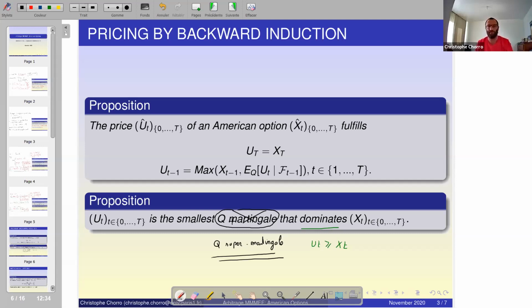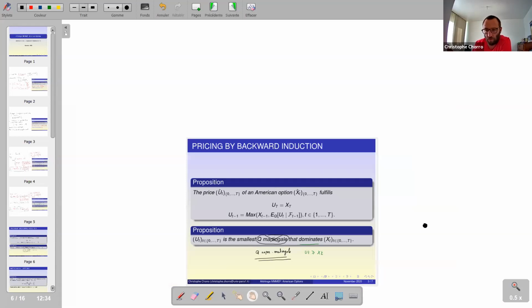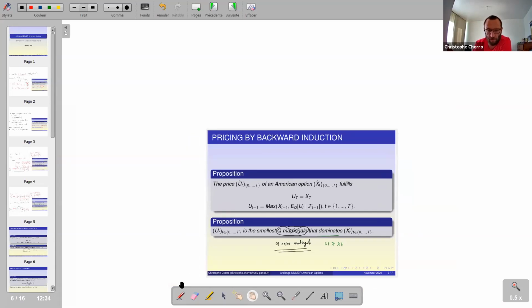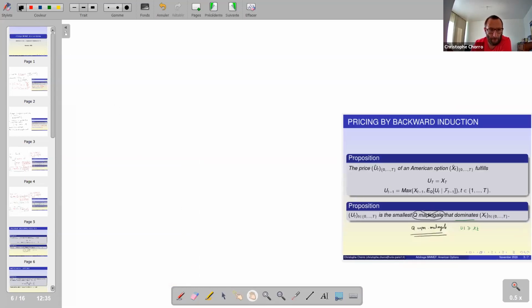But just before, I want to do a little work. Okay. So let's do this. So I will start just after the proof of the proposition, that is a basic one. A little remark before doing the proof.